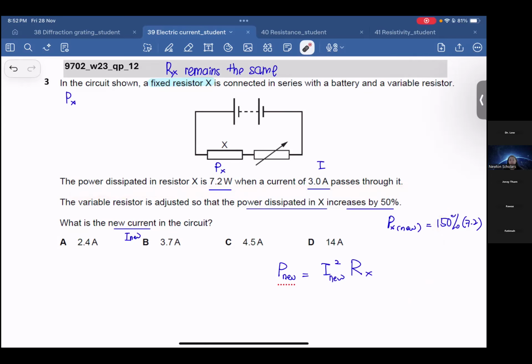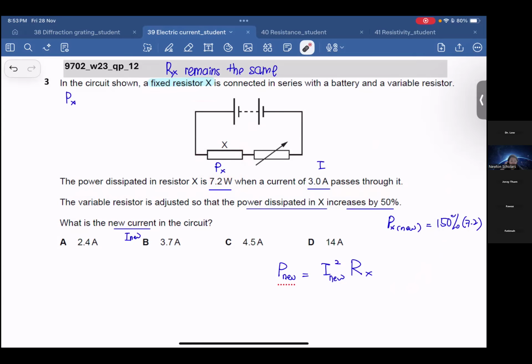So can you try? We're not using P equals to VI because the voltage might be changed. But for a fixed resistor, the resistance value is not changed. It all the time will be the same.